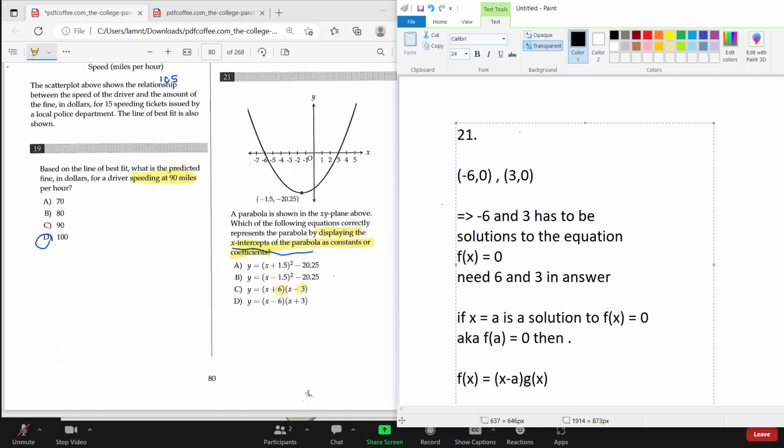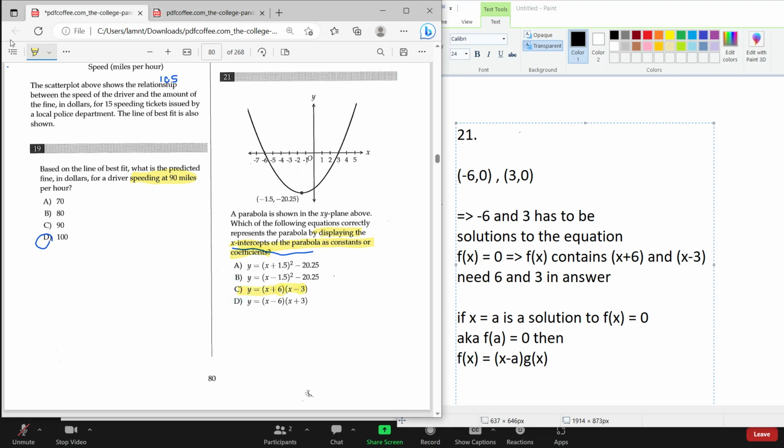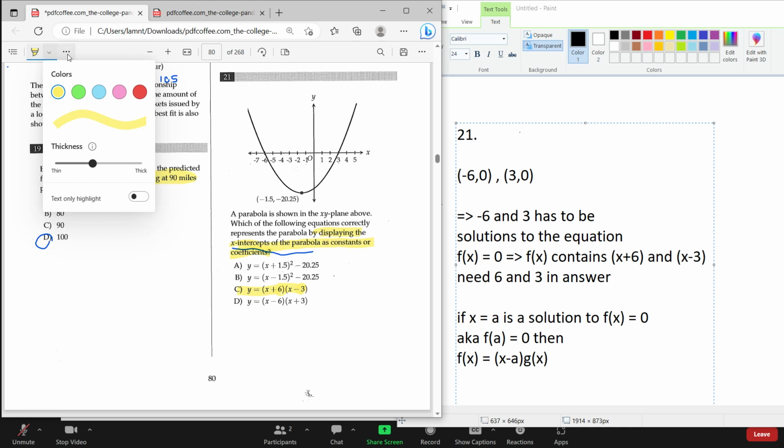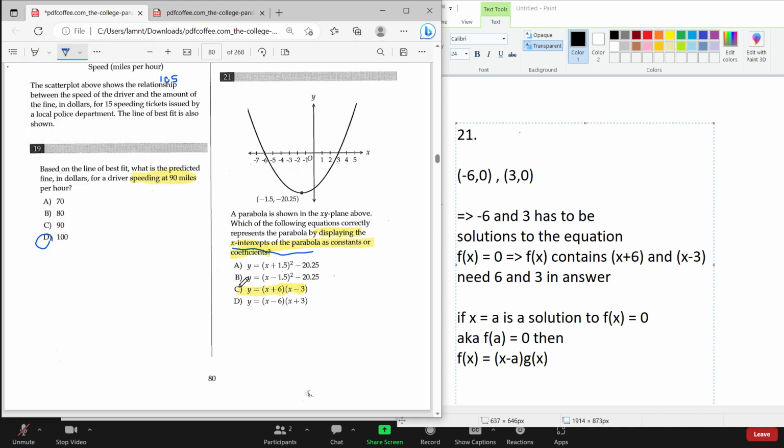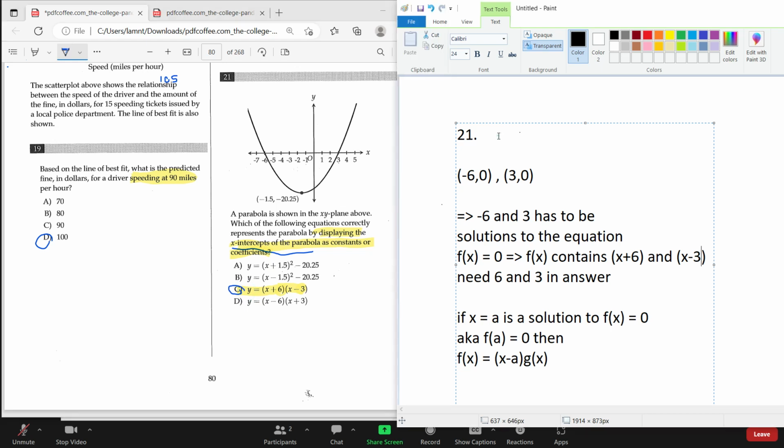Which means that the equation for f of x must contain x minus a, so x plus 6 and x minus 3, right? So for that reason, the answer here is gonna be C, because that's the only reasonable answer. Alright, so C here.